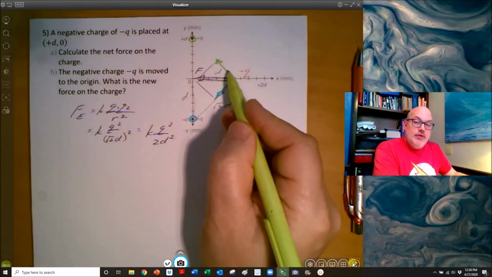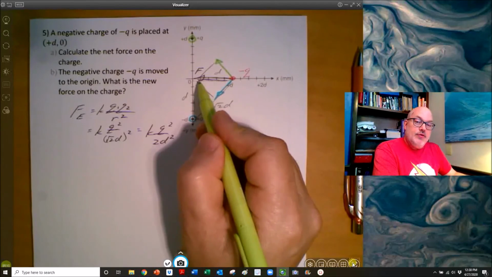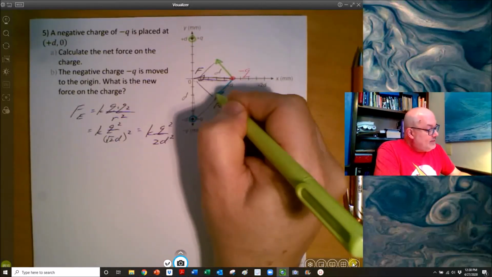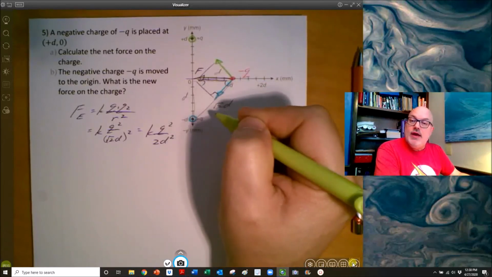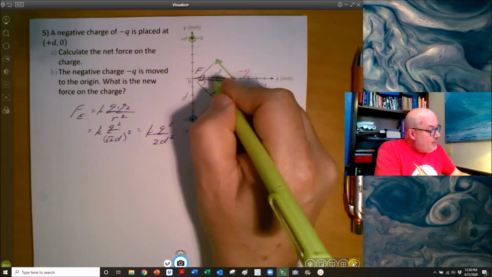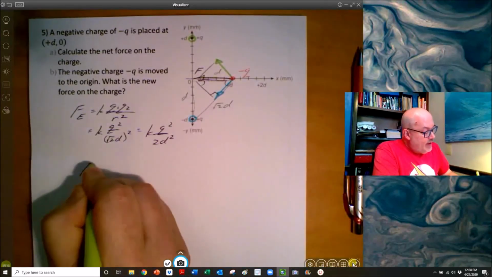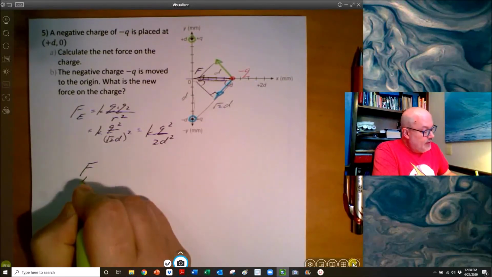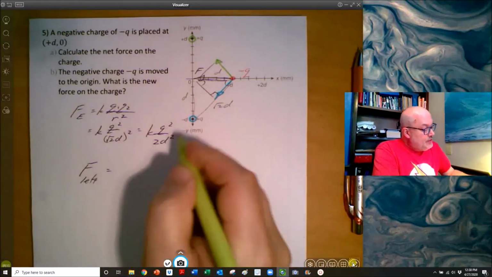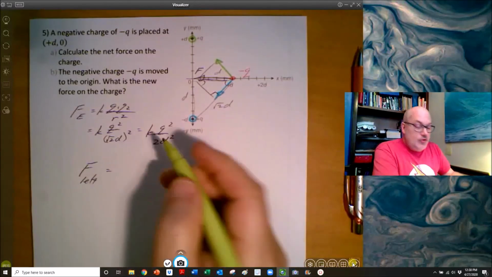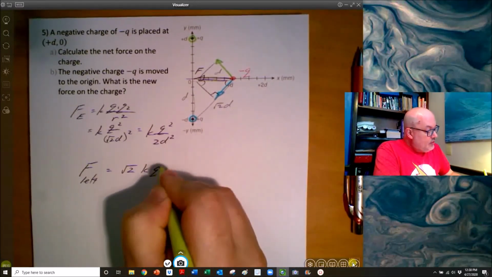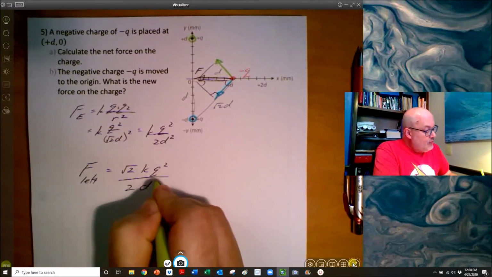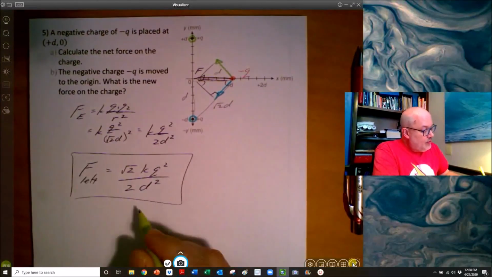Well, the green one's the same. They're going to add up to be horizontally to the left. And this right here is also a 45-45-90 triangle. So that means this force F, the final force to the left, will just be this times the square root of 2. So I get square root of 2 kq squared over 2d squared, and we're done.